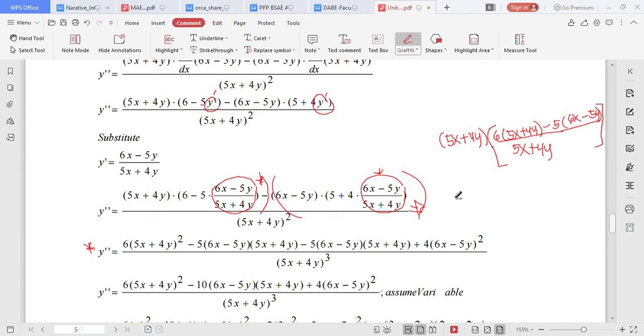So we rewrite that one, 6x minus 5y multiplied by, again, the least common denominator, and so we have 5x plus 4y. And then this will become 5 times 5x plus 4y minus 4 times 6x minus 5y.